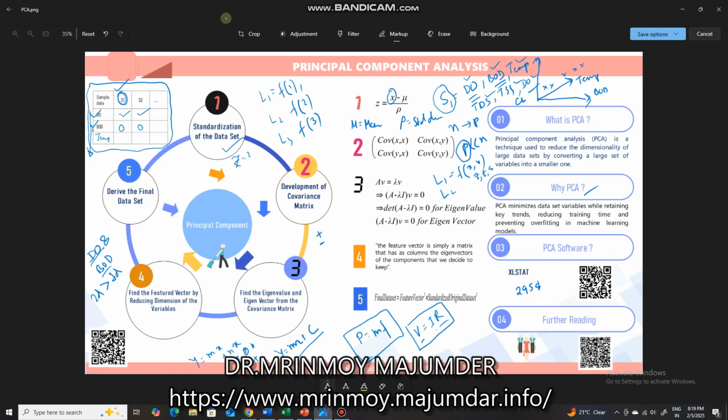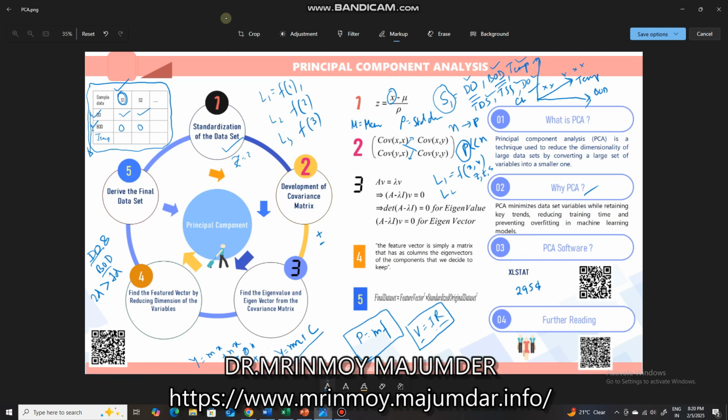If this is the diagonal of the matrix, one side is covariance of xy, the other is covariance of yx, so one side is the mirror image of the other. That is the significance of this covariance matrix.